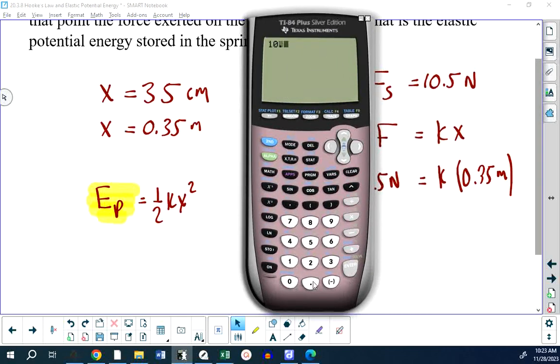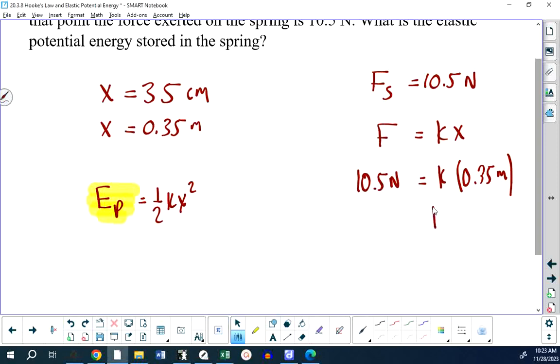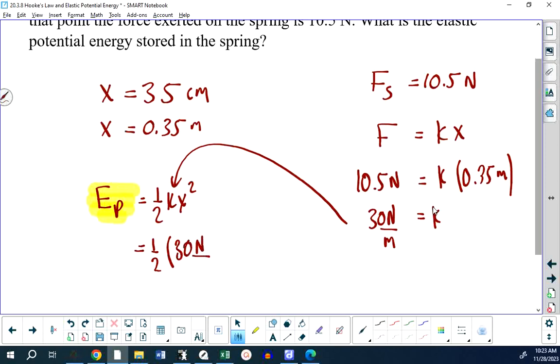So what do we have? 10.5 divided by 0.35. Oh, that worked out nice. K is 30. It's newtons per meter. Now we can put that in here and have 1/2 times 30 newtons per meter times 0.35 meters squared.